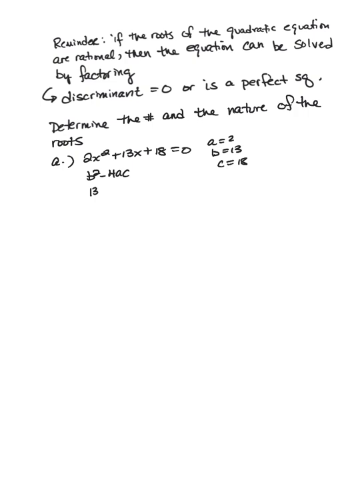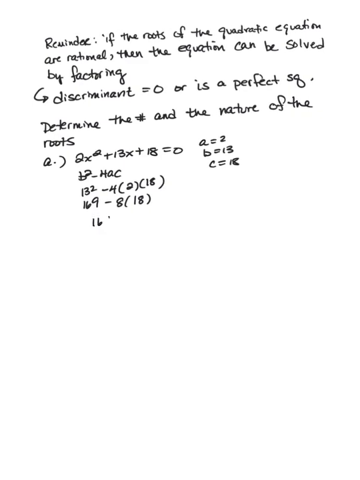So I have 13 squared, which is 169, minus 4 times A times C. So that's minus 8 times 18, which is 144. 169 minus 144 is 25. So because it's 25, that means you're going to have 2 real rational roots.